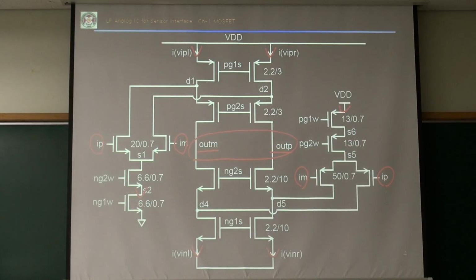In our case, we divide this one into 2, and for this half of this transistor, we apply a common mode feedback voltage, the CMFB voltage.